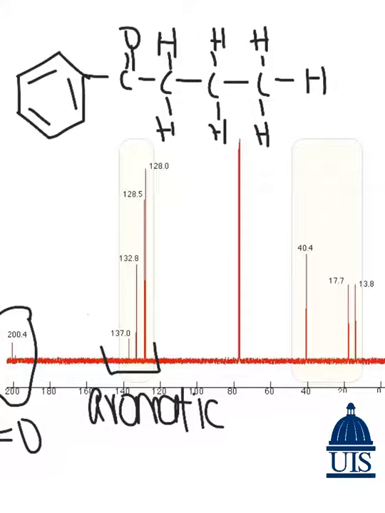And then finally, our last 3 carbons are accounted for in this section right here. And these carbons are actually right here in our molecule because they're just our regular sp3 hybridized carbons. And that brings me to a conclusion for this analysis.